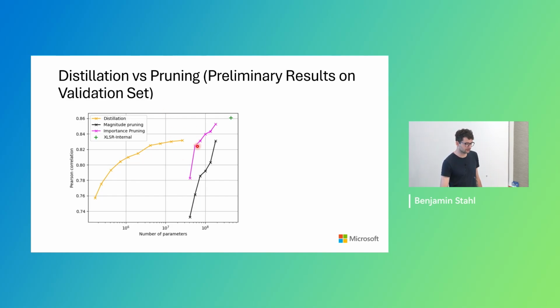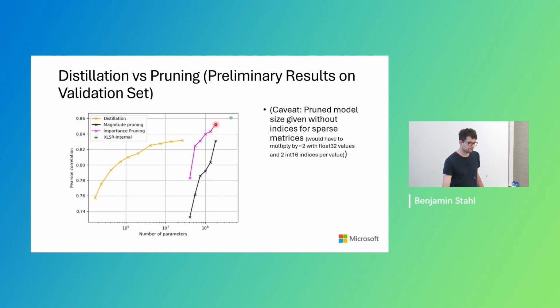And importance pruning actually can bridge the gap at larger model sizes. As a caveat, these model sizes here are given without the indices for the sparse matrices.